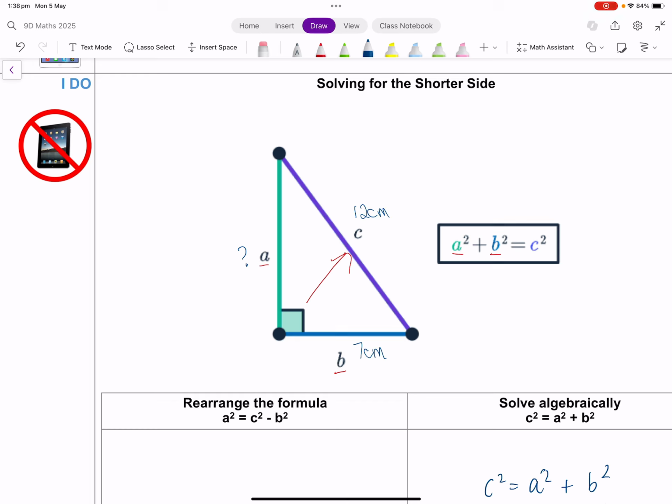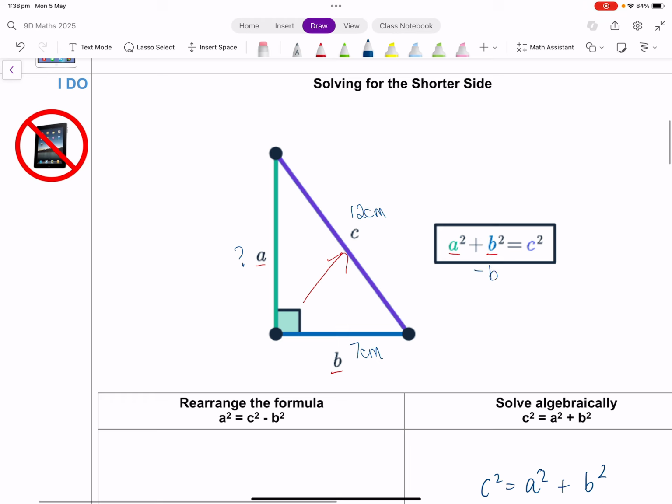So one way that we can do this is by rearranging the formula a squared plus b squared equals c squared. So using algebra, we would want to have a or a squared on the left side on its own and get rid of our b squared by doing the inverse operation, or the opposite to adding, and taking away b squared.